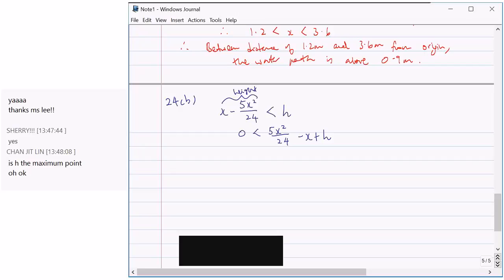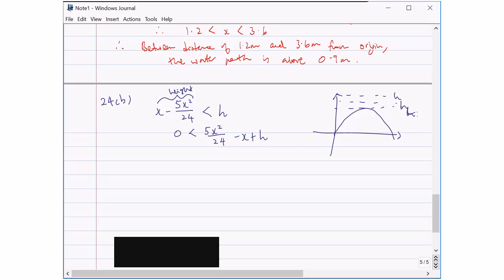Can be higher than the maximum point. Okay, basically if I draw a graph, this is the water trajectory. They are asking you, H can be here, H can be here, H can be here. As long as the water level is always below H, they want that to happen. So you're right, actually you're looking in a way for the integral value of the highest point.